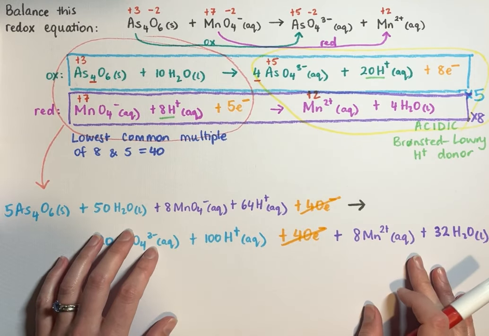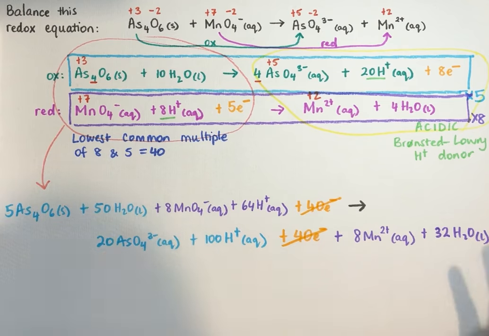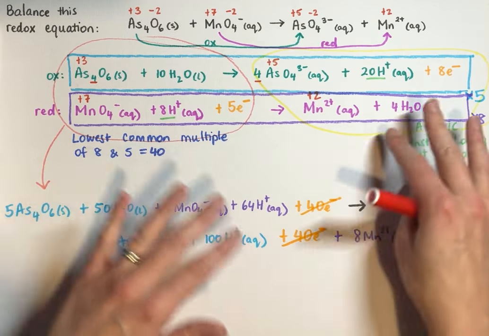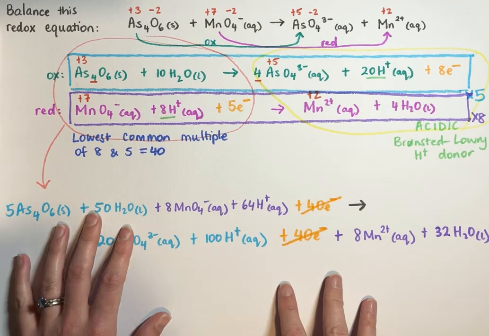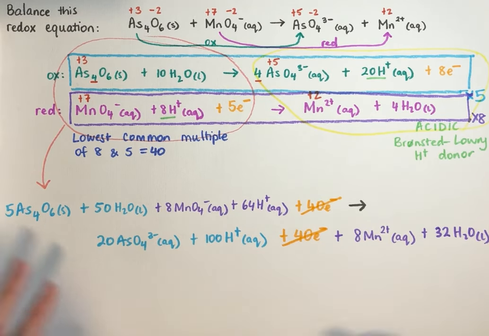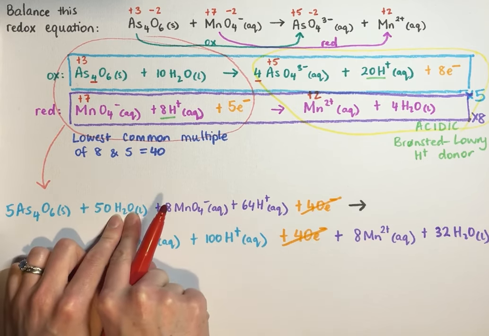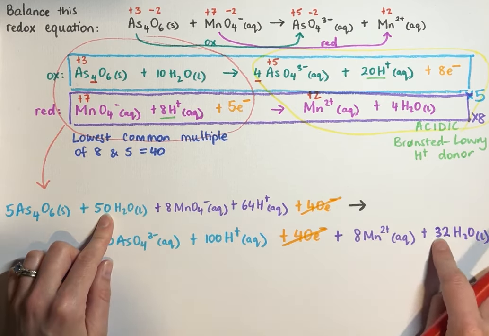Now, of course, this is a bit like collecting like terms. We go through and have a look and be like, well, actually we used water and hydrogen ions to balance both of our equations. So they actually appear on both sides. So let's go through and cross cancel what we don't need. Here, for example, I've got 50 moles of water here, and I've got 32.